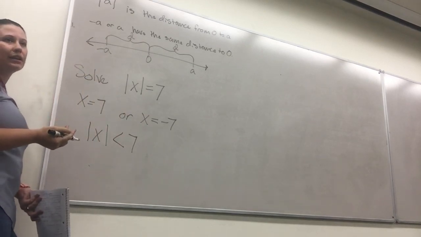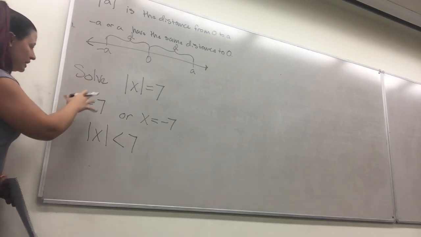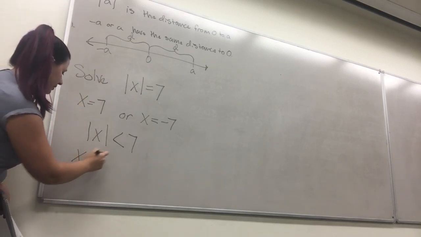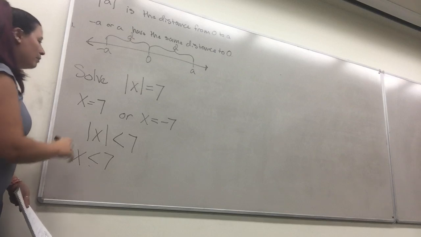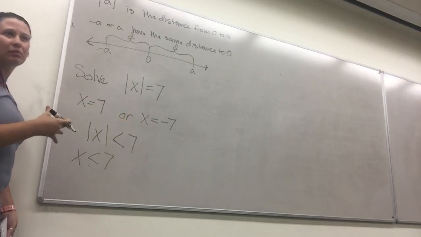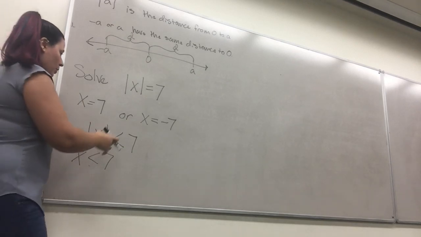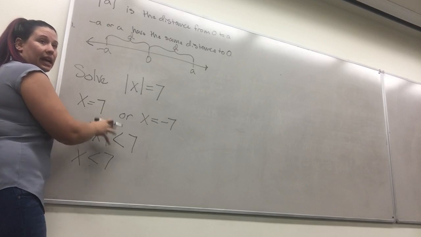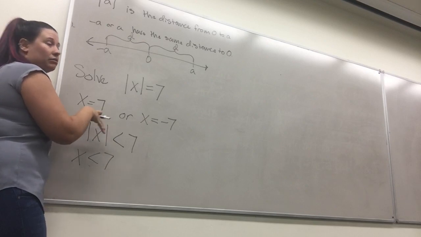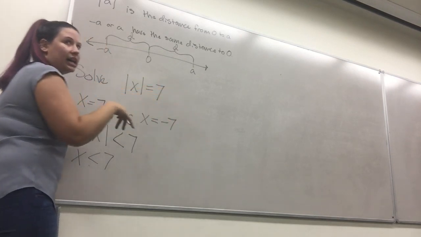So what happens there, right? When we do the positive, it still just stays the same. x is less than 7. But when we do the negative version, it's almost like we're dividing or multiplying by a negative number, right? Because the inside could be the negative A or the positive A, but we're putting it on the other side.